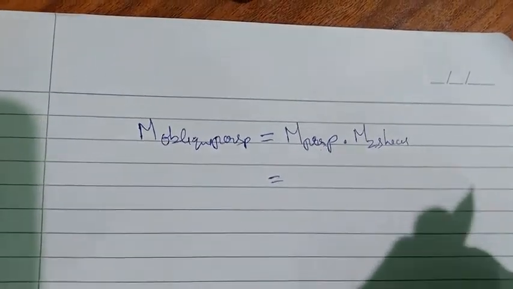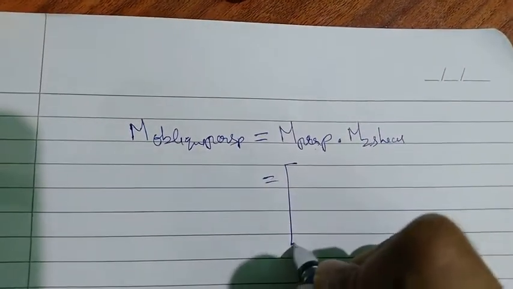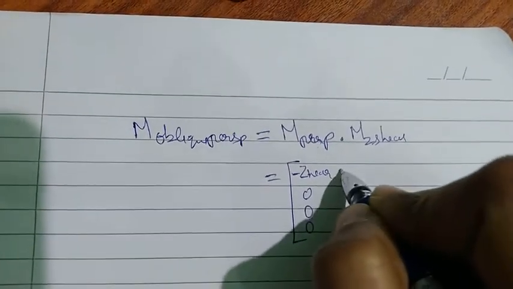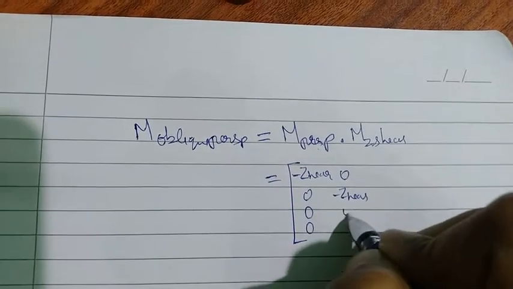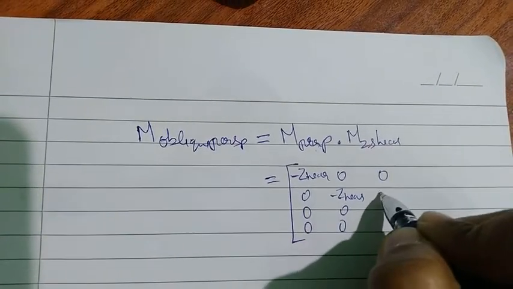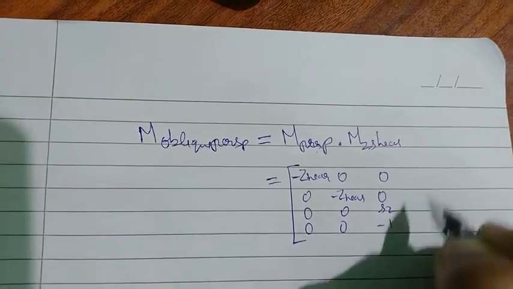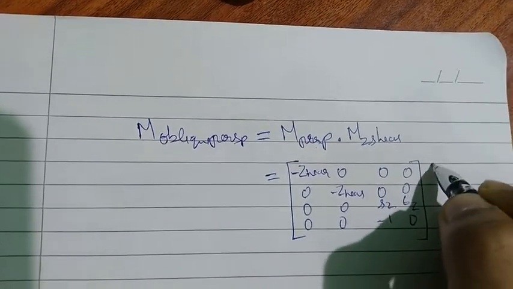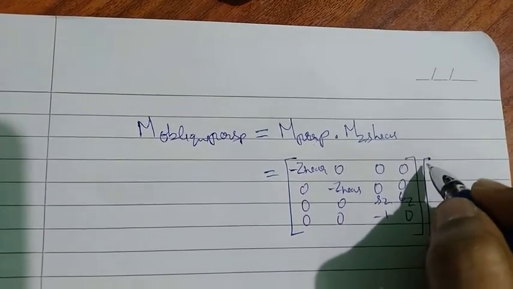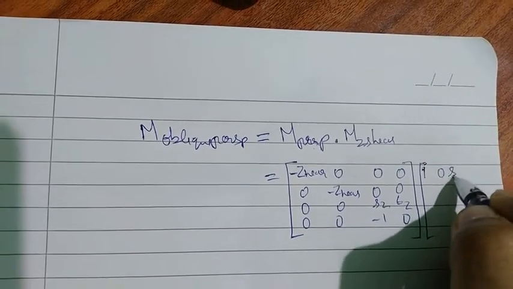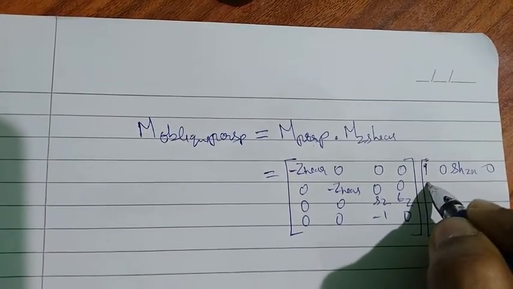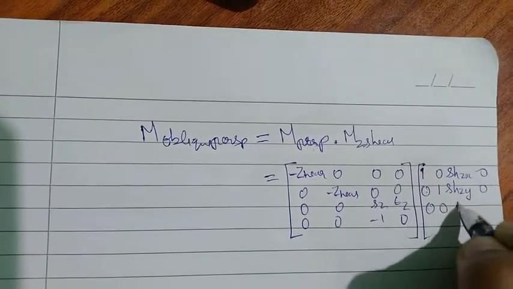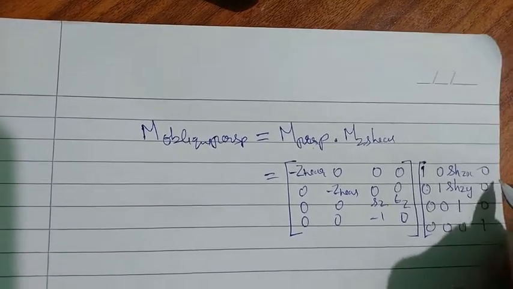The perspective matrix we just wrote: minus z near, 0, 0, 0, 0, minus z near, 0, 0, then 0, 0, sz, minus 1, 0, 0, tz, 0. Then the shear matrix we also know: 1, 0, sh zx, 0, 0, 1, sh zy, 0, 0, 0, 1, 0, 0, 0, 0, 1.